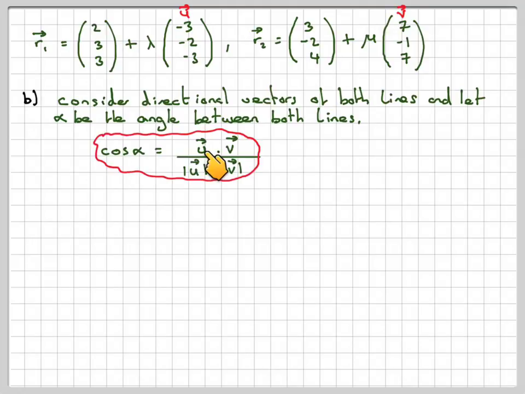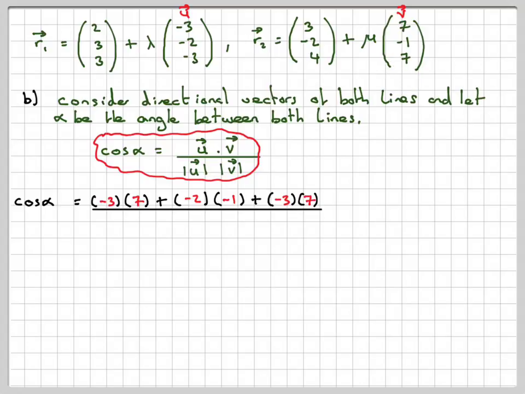Cos of alpha will be U dot V divided by the magnitude of U times the magnitude of V, from the scalar product idea. So cos alpha will be, considering only these, minus 3 times 7 plus minus 2 times minus 1, so be very careful with the minus signs here, and minus 3 times 7, divided by the magnitude of the first one, so the square root of minus 3 squared, and again make sure you substitute using brackets, plus minus 2 squared plus minus 3 squared, times the square root of 7 squared plus minus 1 squared plus 7 squared.